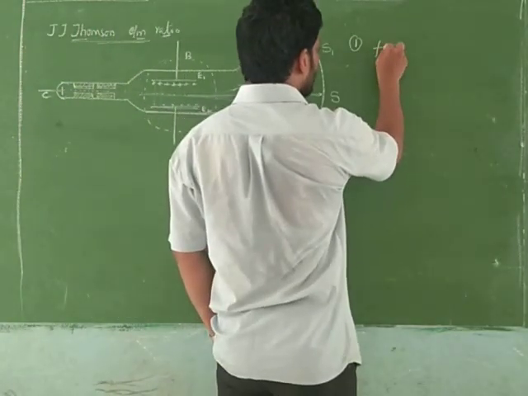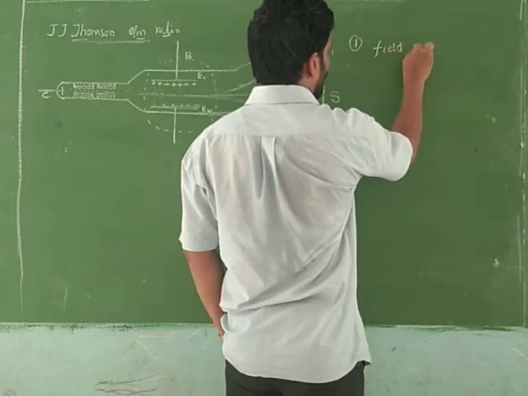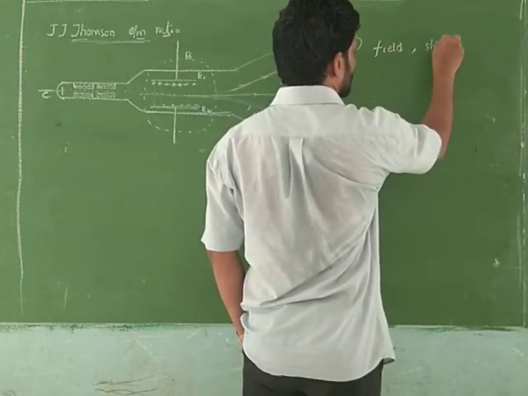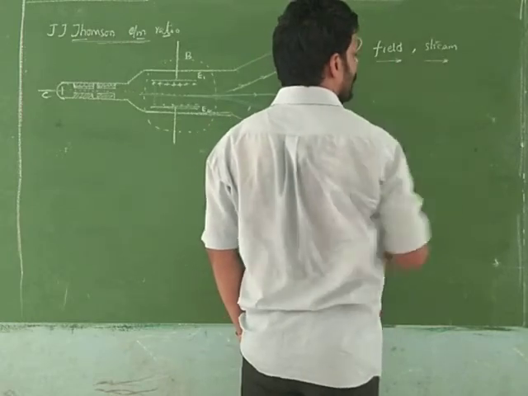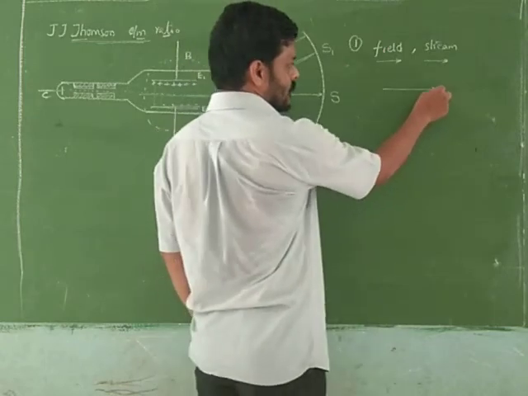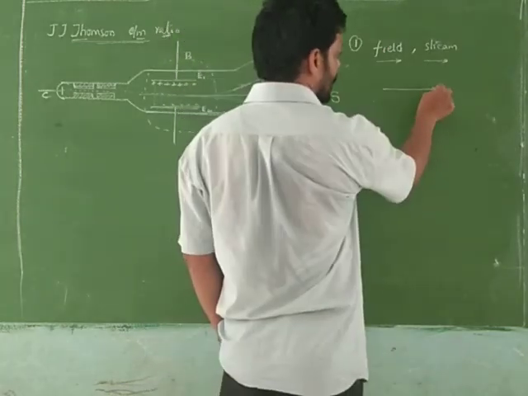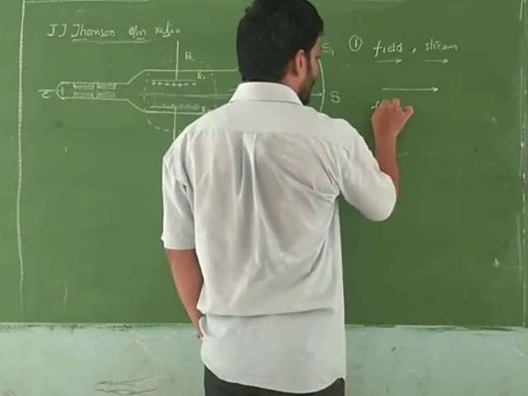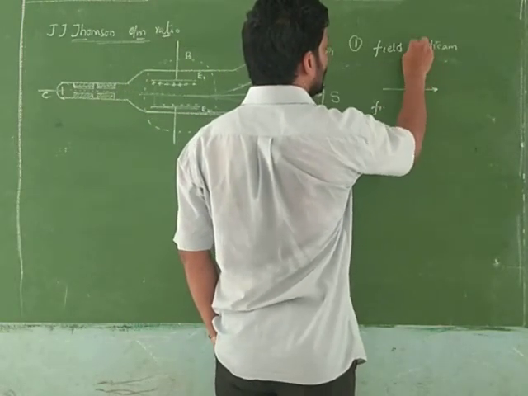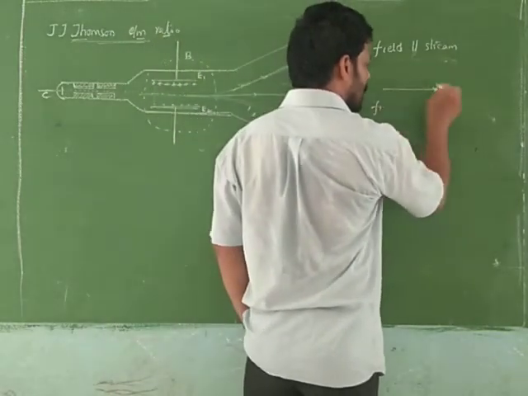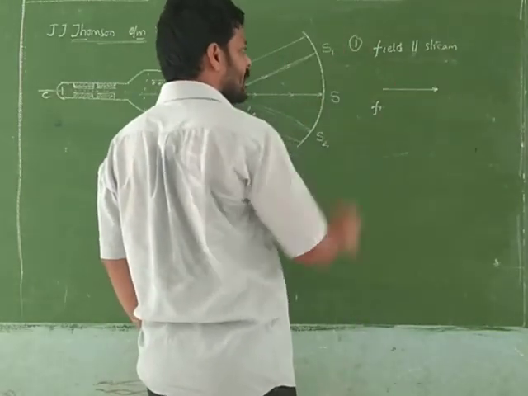If the field direction and the stream of particles are in the same direction, the particles move in a straight line, the rectilinear motion. If the field is parallel to the stream, the path followed by the particle is rectilinear motion.